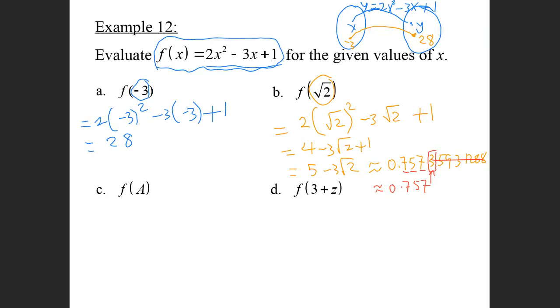I'm saying decimal places. Decimal places means after the decimal. 1, 2, 3.